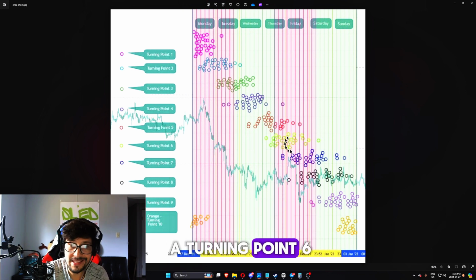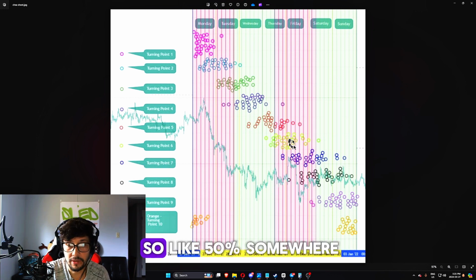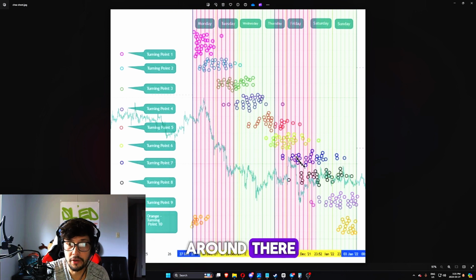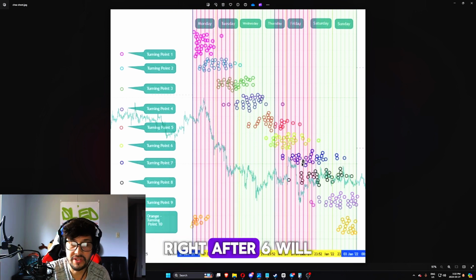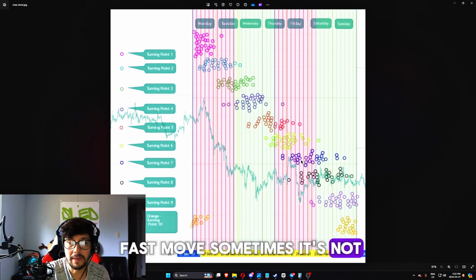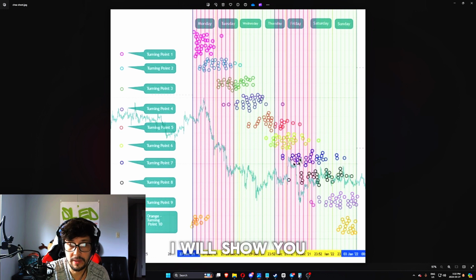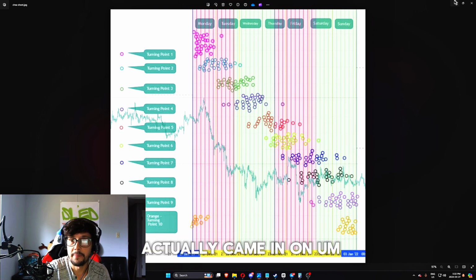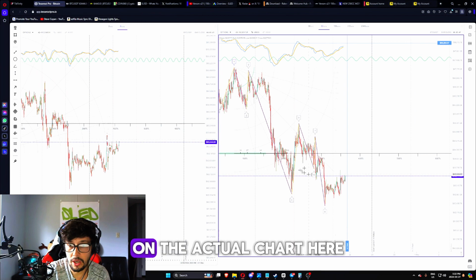Then we got turning point 6, which falls in the middle of the quadrant most of the time, around 50%. Turning point 7 falls right after 6 and starts going up. Usually it's a very fast move, sometimes it's not. I will show you how 6 and 7 actually came in on the actual chart here.